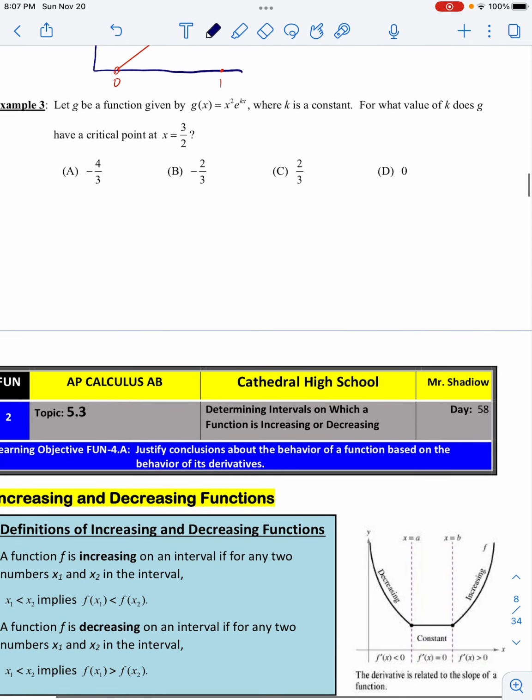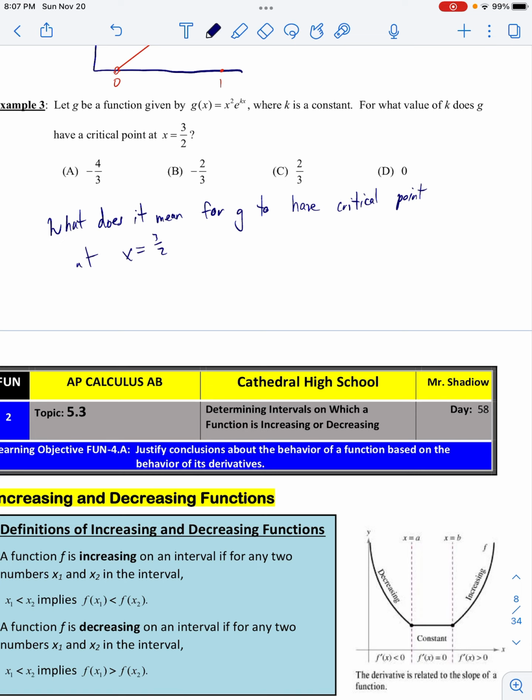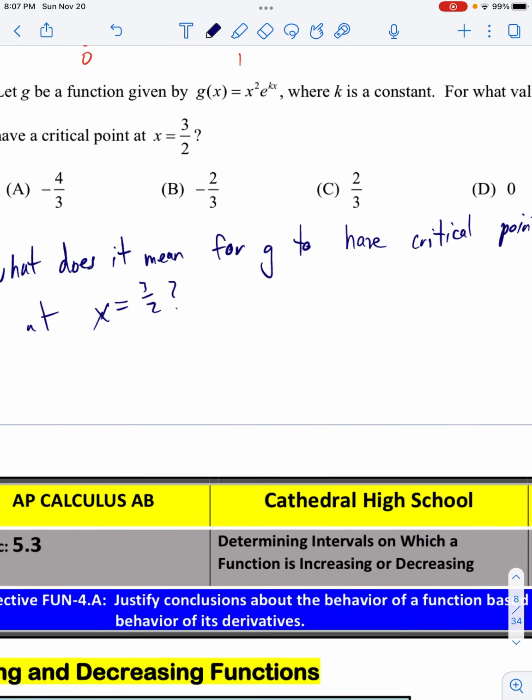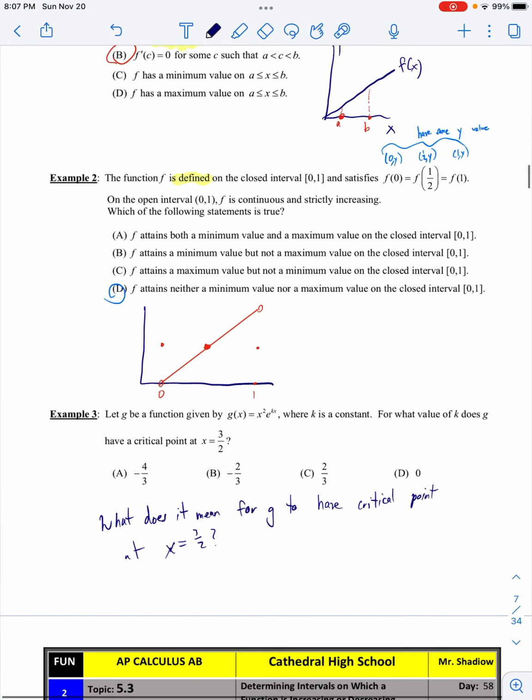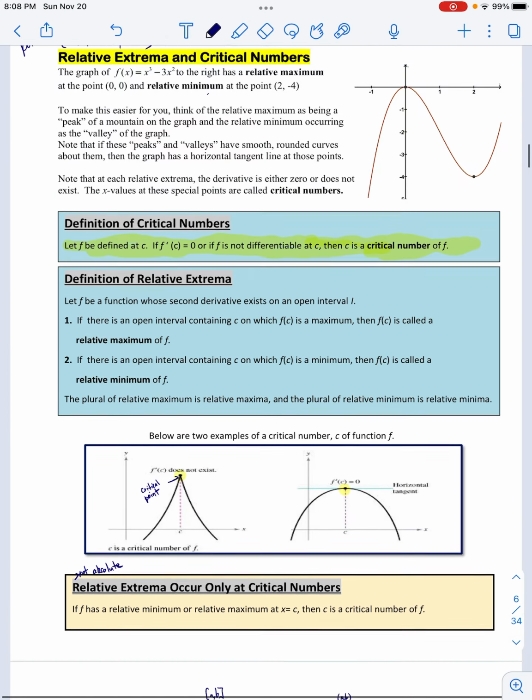What does it mean? So let's think about this, guys. What does it mean for g to have a critical point at x equals 3/2? All right, I feel like if I asked you guys this during lecture, you'd all just give me blank stares, and I would either capitulate to your blank stares and just tell you the answer. But the right thing to do would be like, hey, no, just go look in your notes, okay?